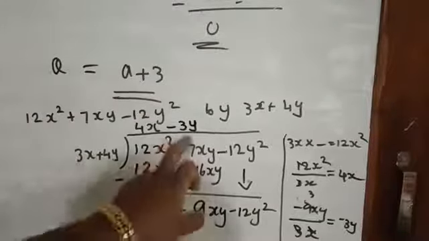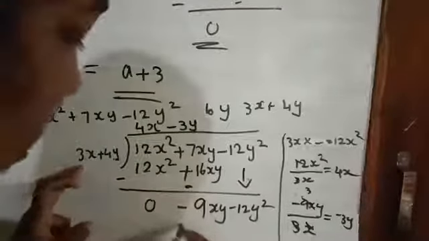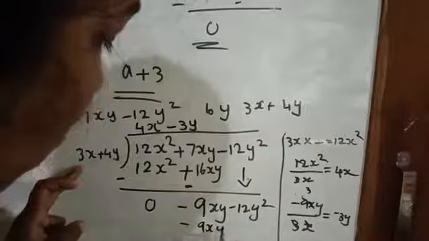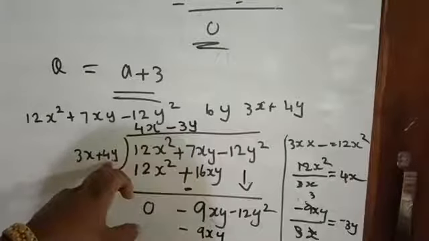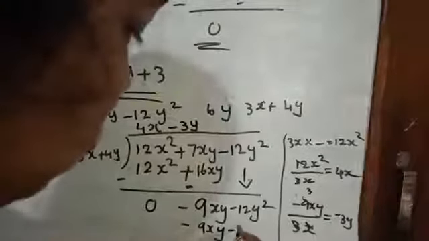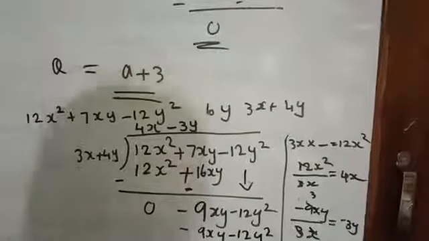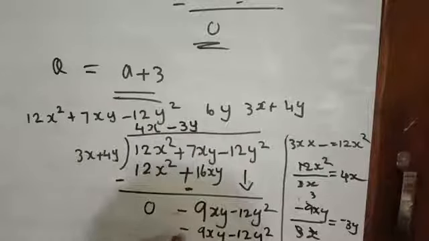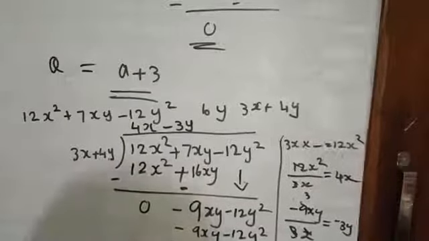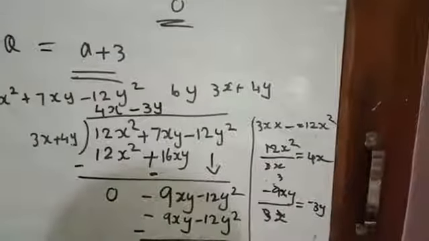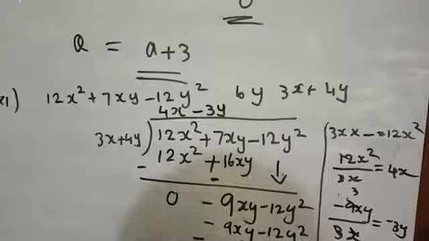Now this minus 3y into 3x. 3 3s are 9, minus 9xy. Then minus 3 into 4y, minus 3 4s are minus 12y square. Okay. Now subtract. Minus 9xy minus minus 9xy. Minus of minus will become plus.